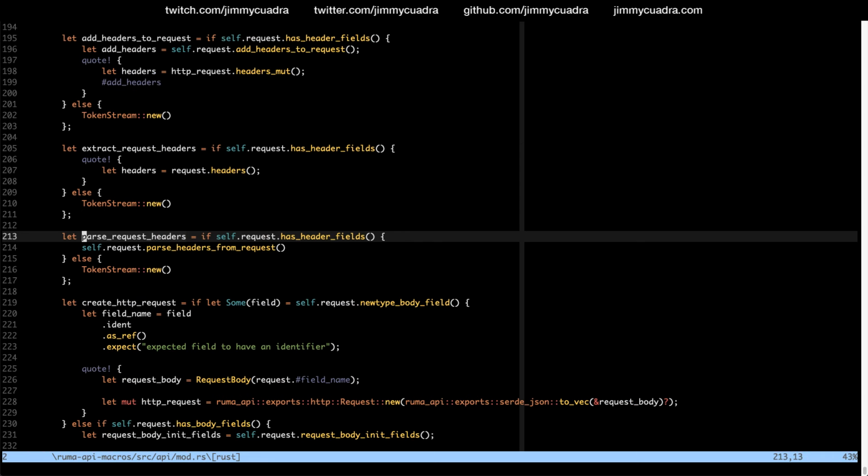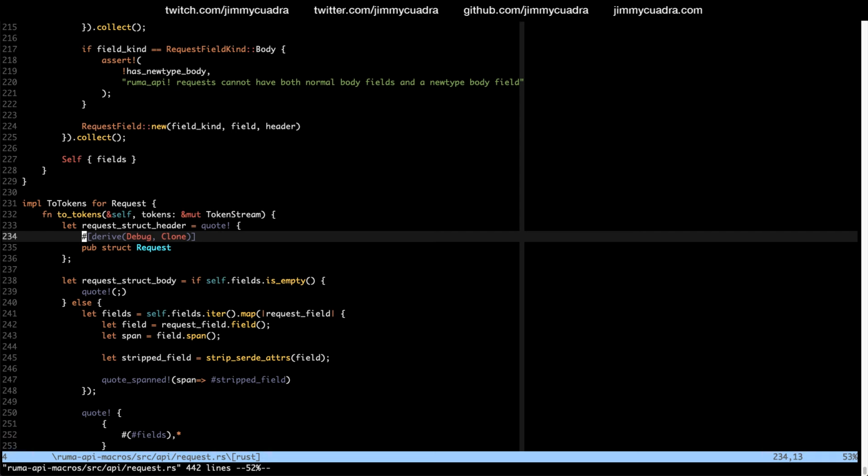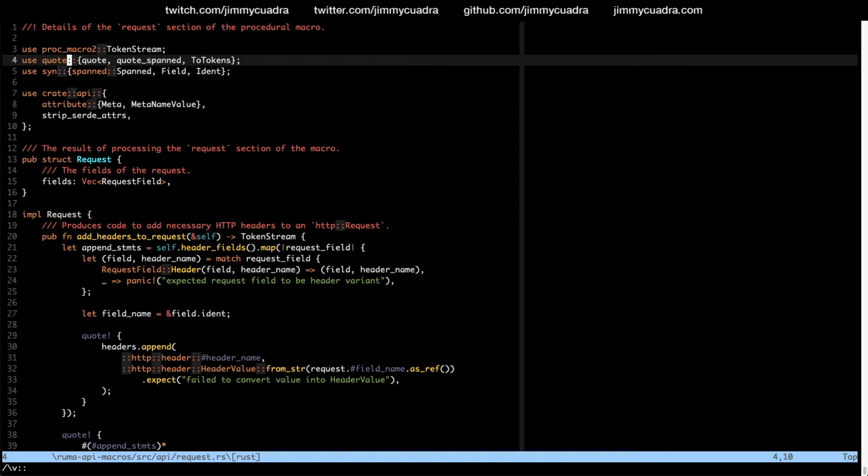So this whole time I've only been updating these references to things in mod.rs, but some of this stuff gets generated in other Rust modules. So I have totally neglected to update all of those references in these other modules. So if we look at src/api/request, I guess we need to also look for double colons here.